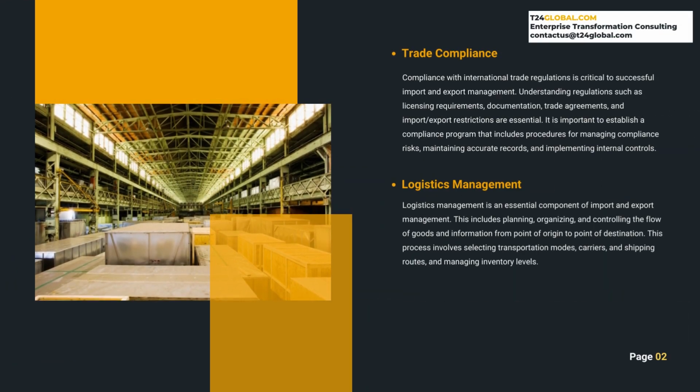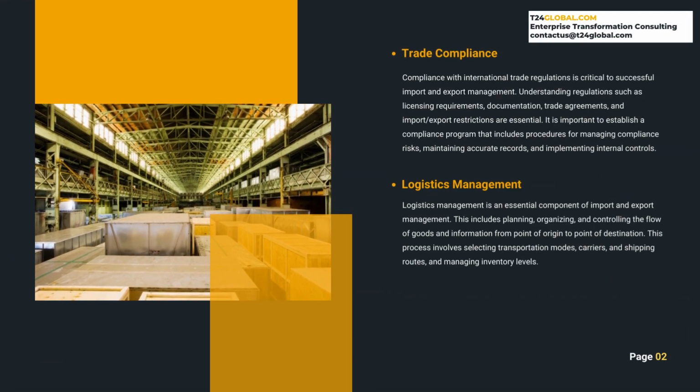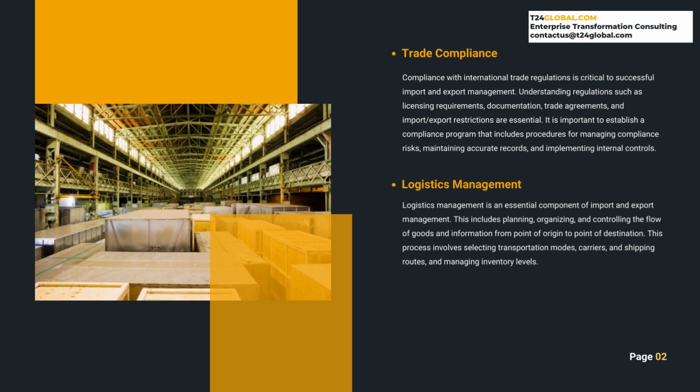1. Trade compliance is critical for successful import and export management. Businesses need to understand regulations such as licensing requirements, documentation, trade agreements, and import-export restrictions to avoid any legal complications.